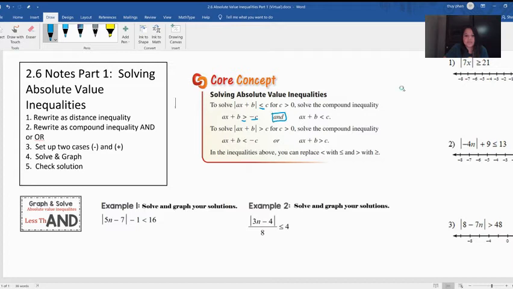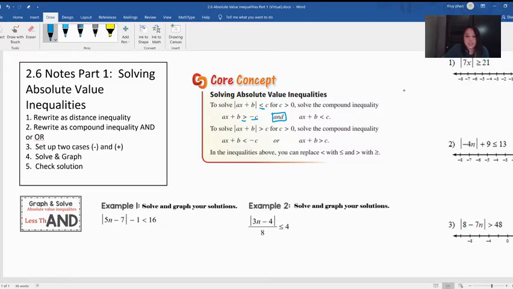And I'm going to show you how you know if it's an and or an or. And we also have ax plus b is less than c. And from there, you're able to solve the compound inequality. So we have to rewrite absolute value inequalities as compound inequalities in order to solve.